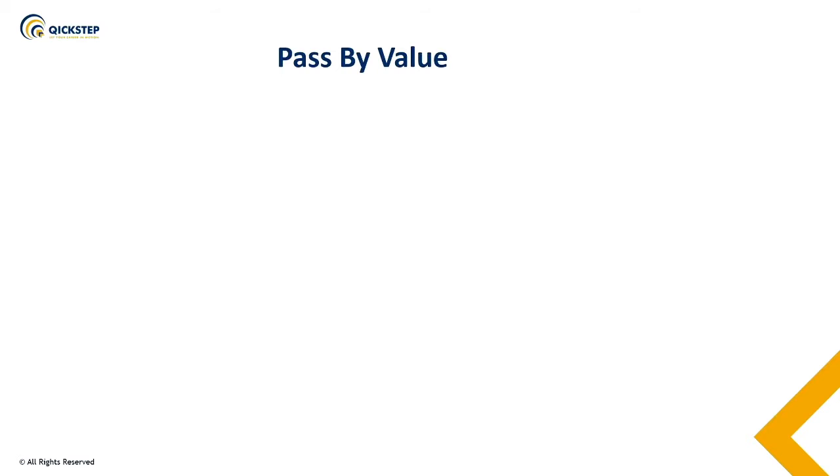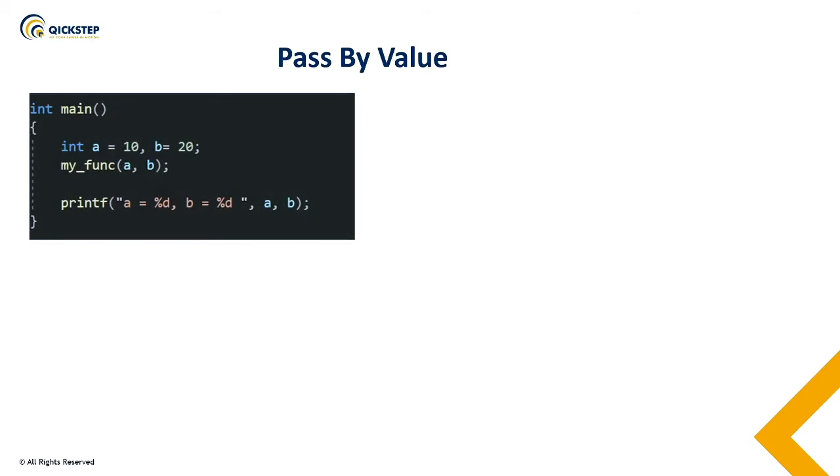So let's see in detail how pass by value works. I have a small function with me in which I have two variables a and b. Let me declare those variables over here. I have a variable a with the value 10 and a variable b with the value 20.